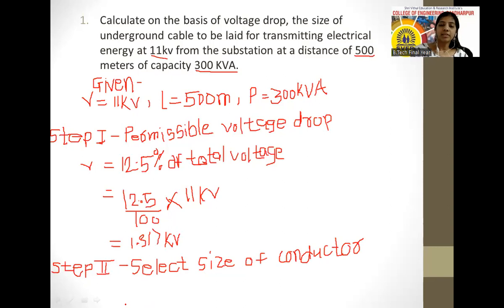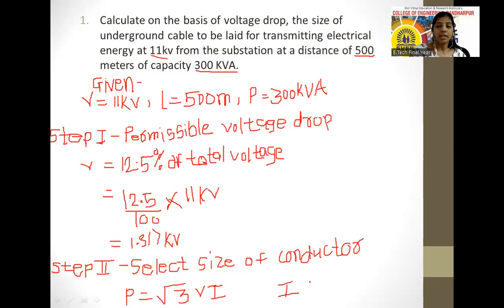First we have to find the current. So which formula do we have to use? We know the formula for power. P is equal to root 3 V into I. So this is the formula for power. Now we have to rearrange this equation in such a way that we can get the current term.